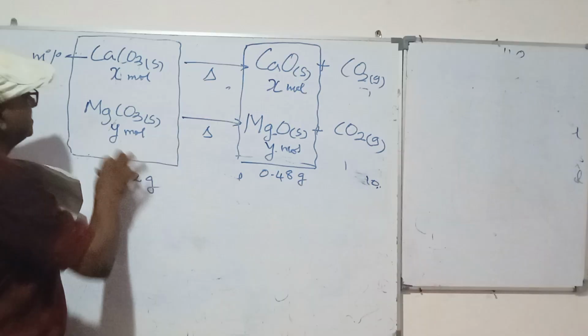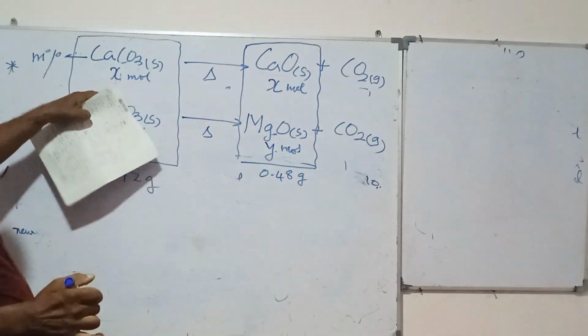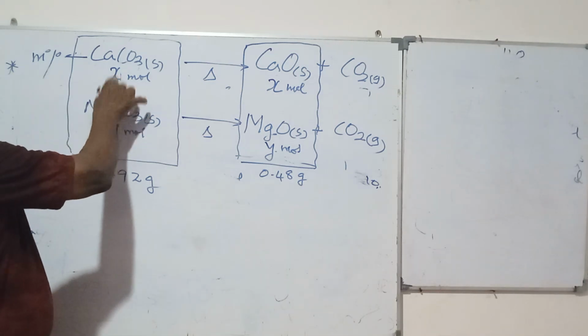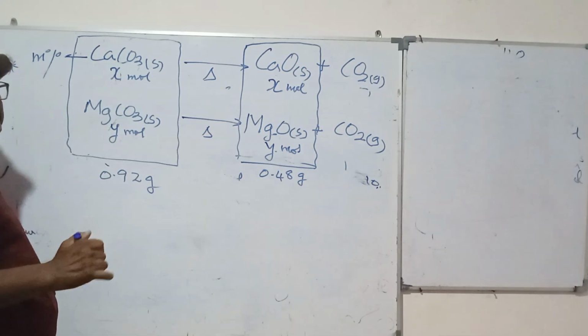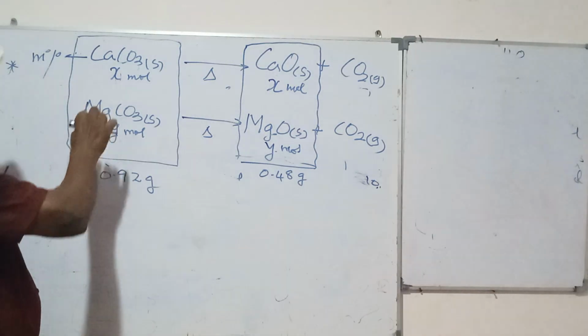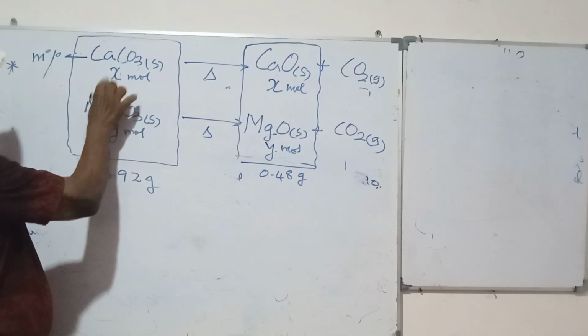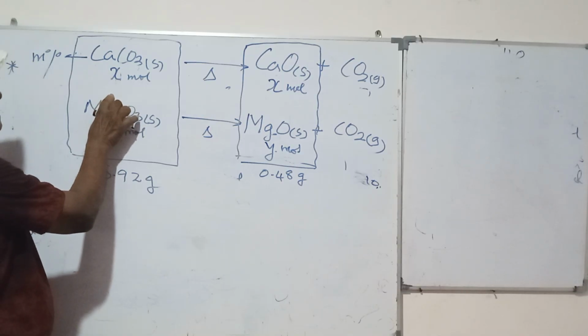0.92 gram is the total mass. Then X is the number of moles of calcium carbonate. Therefore, how many grams of calcium carbonate are present here?